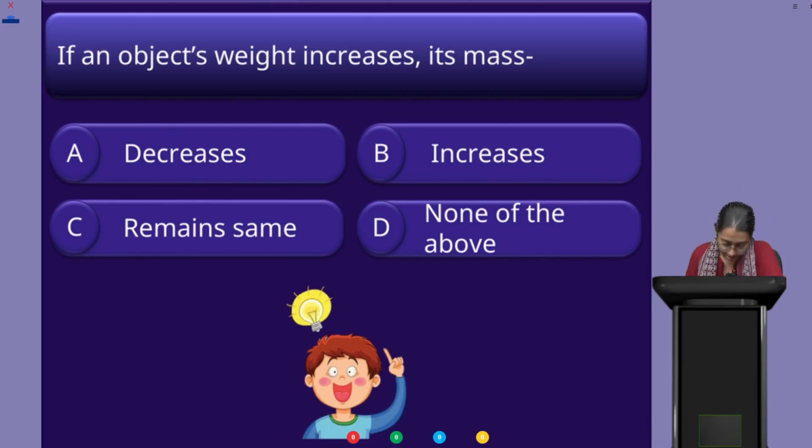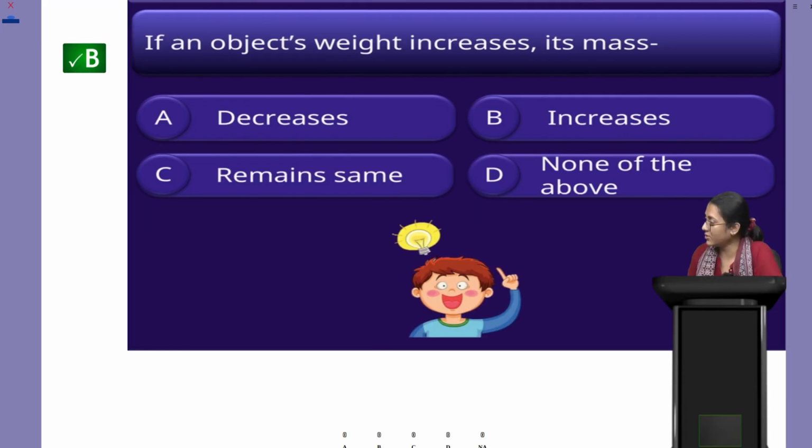Okay, your time is up. Let's see. Very good, very good. So many of you have given the right answer. So let's now discuss. Whenever we are increasing the weight of that object, it is getting heavier, isn't it?